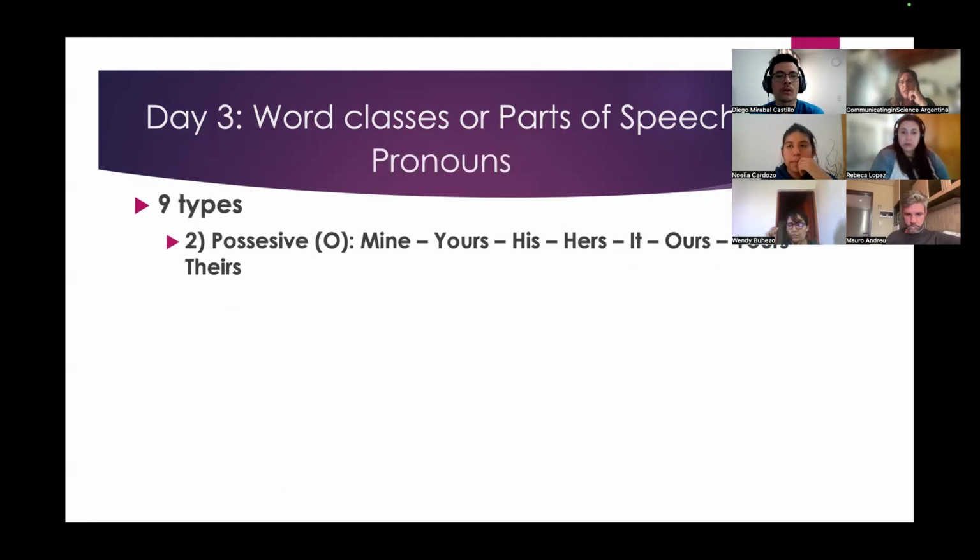Possessive pronouns. Mine, yours, his, hers. This is her, hers. Esto es de ella. And they always go in the object. These pronouns cannot be the subject of sentences.